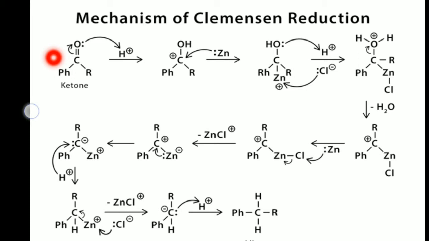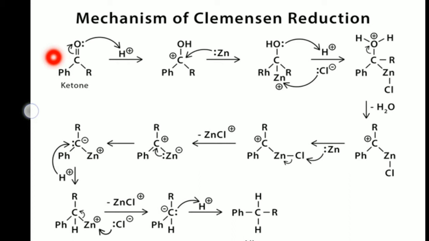That carbene ion is added by another H plus to give this intermediate. Finally, chloride ion of acid removes this zinc plus, and that bond which connects the zinc plus adds with another H plus to form an alkane. This is the mechanism of Clemmensen reduction.